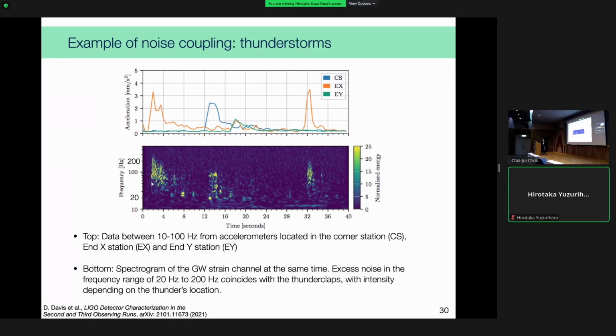On the strain data, you can see several excesses here, here, and here, and at the same time, in the accelerometer, we can see some coincident signal. So when the thunderstorm passed, we observed strong acceleration due to the thunderstorm.